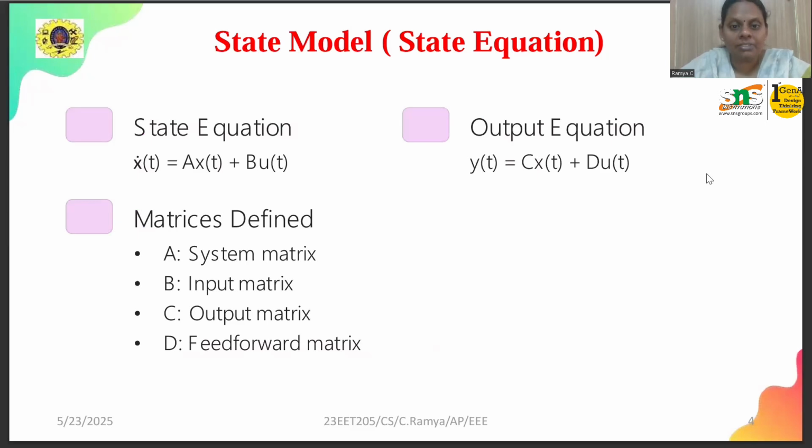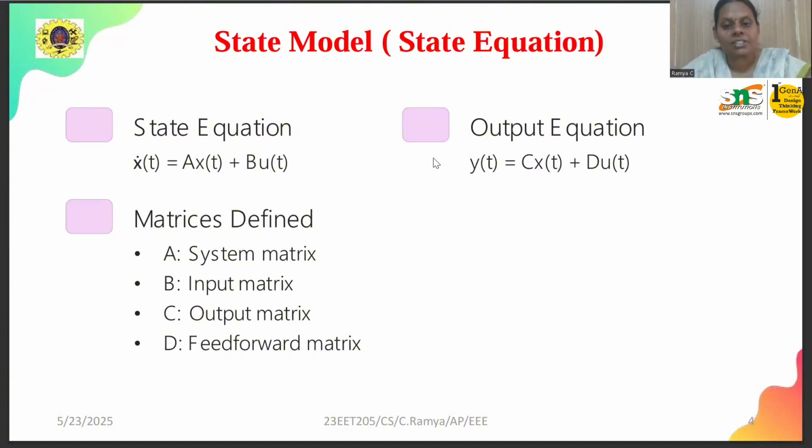Next, we are going to deal with the state model, which is the state equations along with the output equations. The state model consists of two basic key equations, the state equation and the output equation. In the state equation, we have x dot of t equal to Ax of t plus Bu of t.